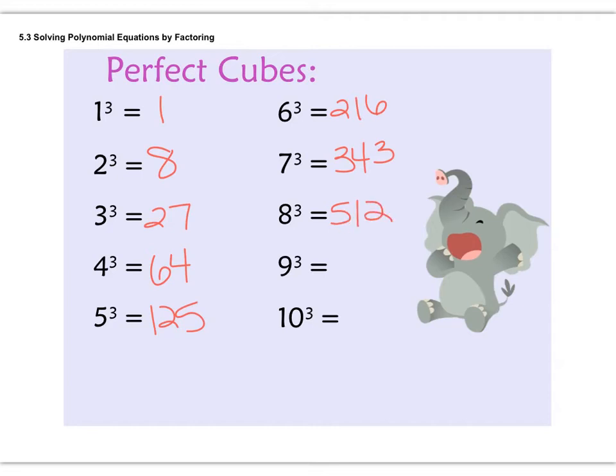And 9 cubed, 729. And 10 cubed is 1,000.